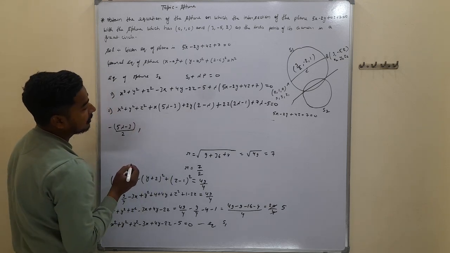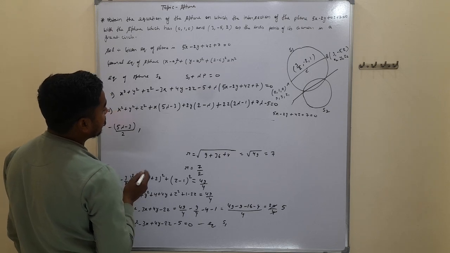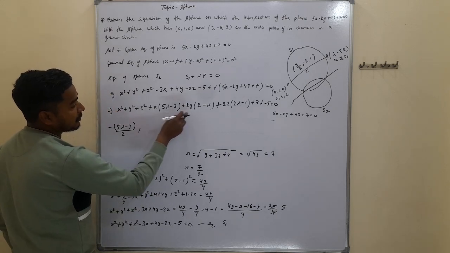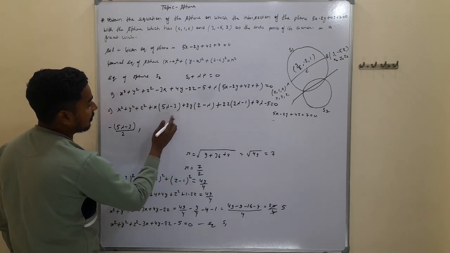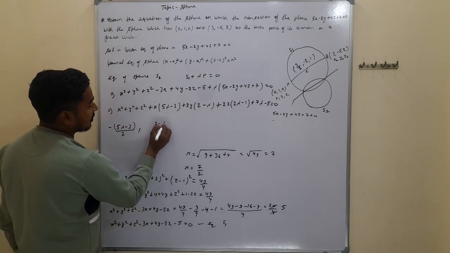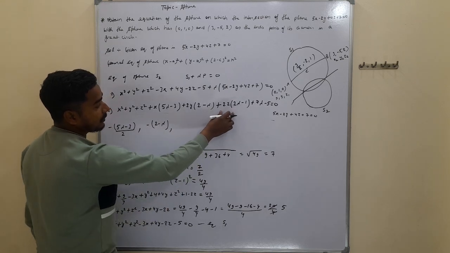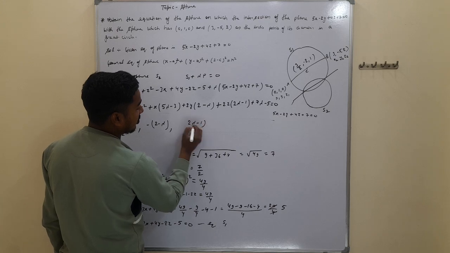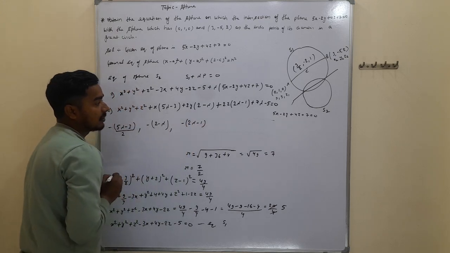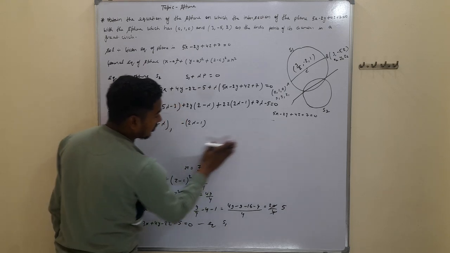This gives, once again, 2ux plus 2vy. Here 2vy, we have to get the center from here. This is 2 minus lambda, and for the z axis we have to get here. This is 2 lambda minus 1, and this center satisfies the equation of plane.